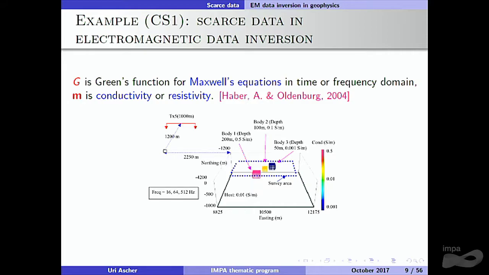Okay. And so what people have done in geophysics is, in fact, to solve problems with this small amount of data. And of course, you now have to add a prior. So the Tikhonov regularization is not just any Tikhonov regularization. It is not only to make the problem well-posed, but also it is prior information.